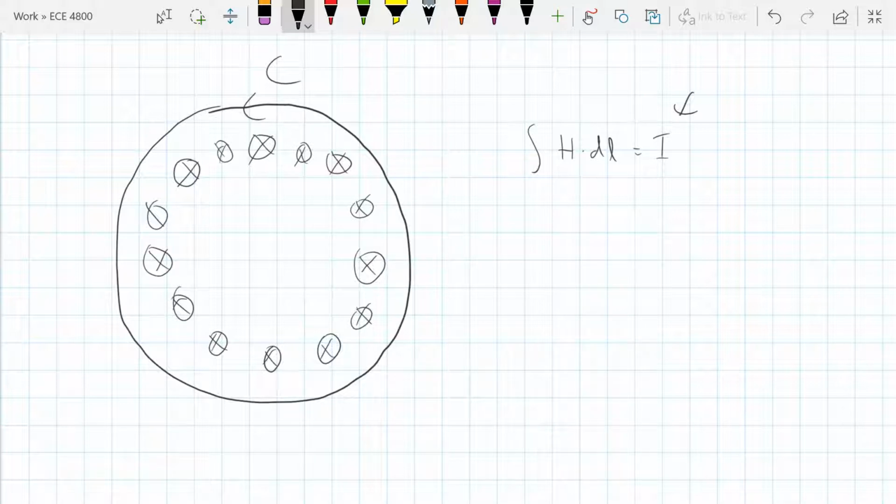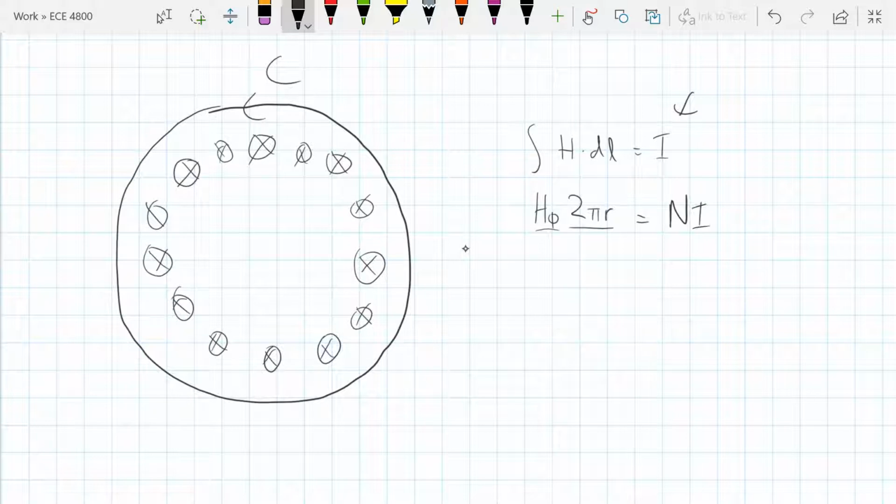As we have found in our other problems, this just becomes H phi times 2 pi r: the magnetic field times the circumference of the circle, because that's the length of this contour. So that's where the 2 pi r comes from. H phi is just the magnitude of the magnetic field. The total current here is equal to N times the current running through the wire.